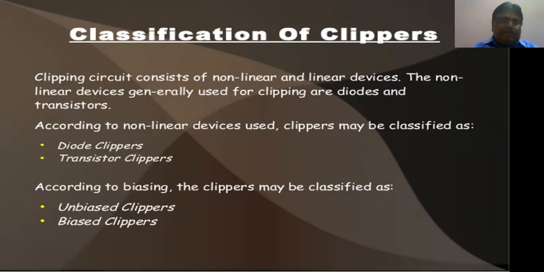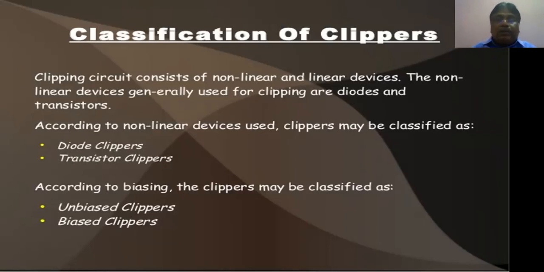Very important: unbiased means there is no power and no DC, while biased means a power supply, a battery, is compulsorily connected. Most of the time in clipping and clamping circuits you will use unbiased and biased clippers, so don't be confused.